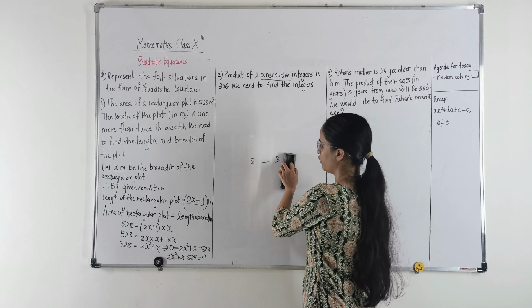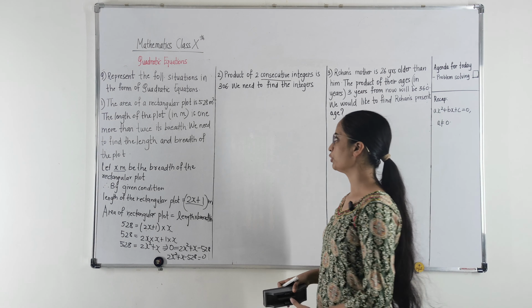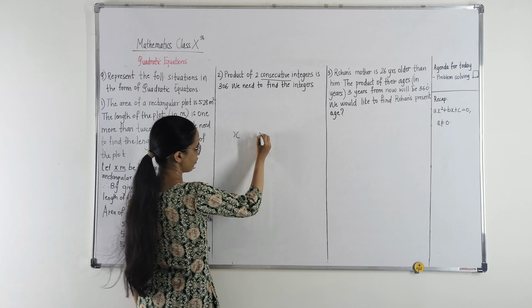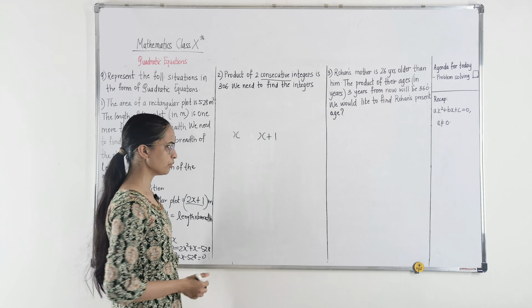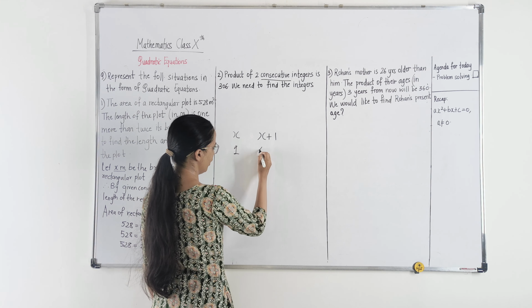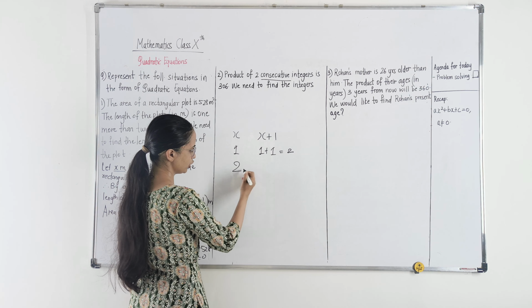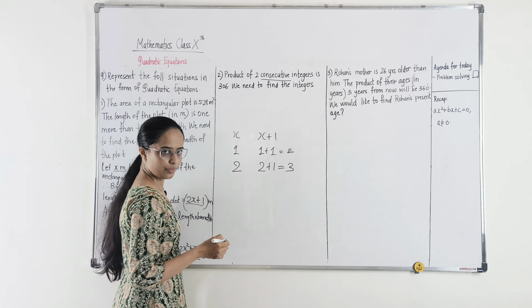So here, if you want to represent it generally in terms of variables, if you take x to be the first integer, then of course x plus 1 would be the next consecutive integer, which is pretty simple. Because if you take x as 1, your consecutive integer would be 1 plus 1 equals 2. If you take x as 2, then you would get 2 plus 1, which is equal to 3, and so on.